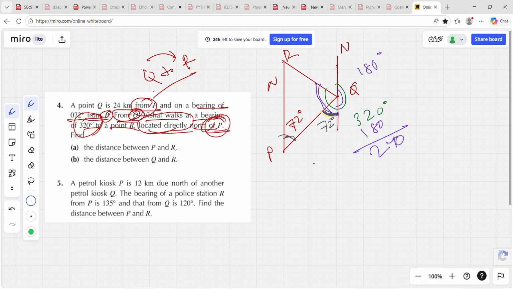So you need to find this angle, so you have to reduce 72 from it. 168, so 168 is this particular portion.